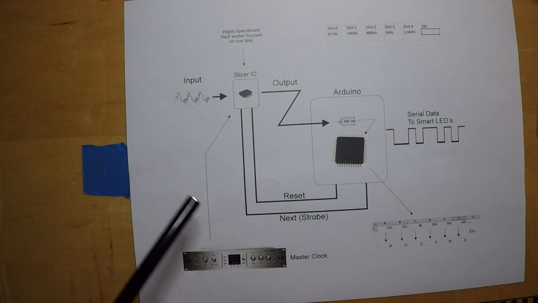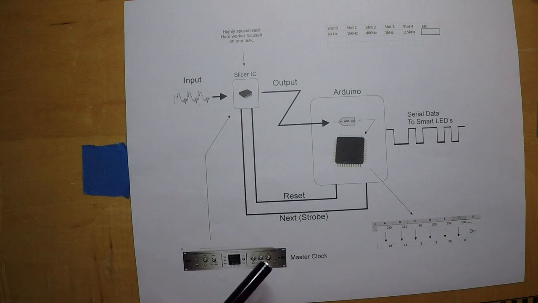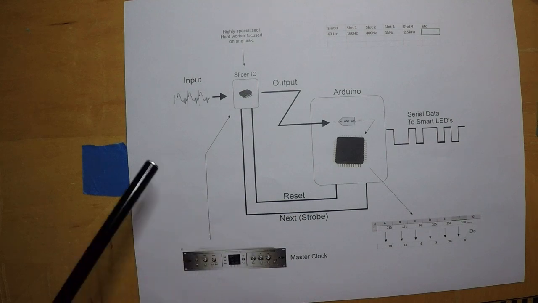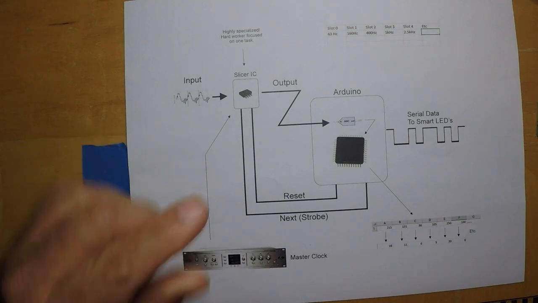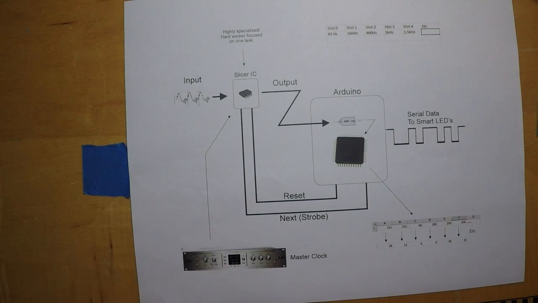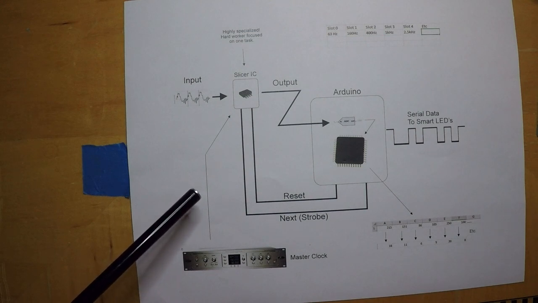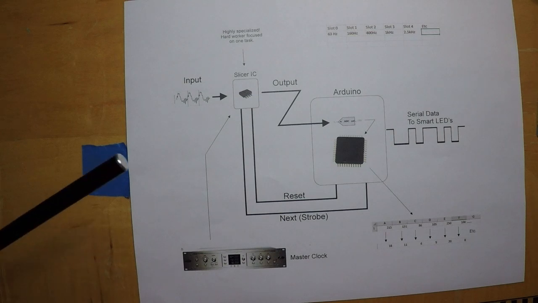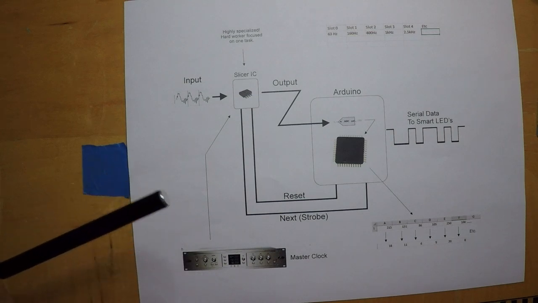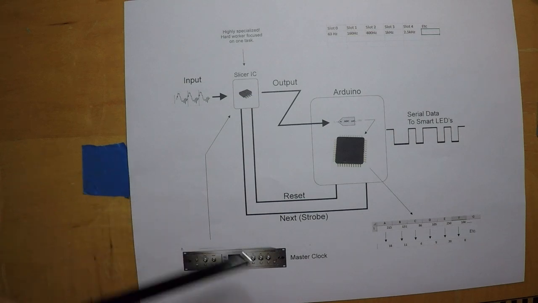So if you're doing this on perf board or on one of those push-in kind of breadboards, a capacitor resistive network for a clock is probably not going to be reliable. Did I get it to work? Yes. Was it reliable? Yeah.